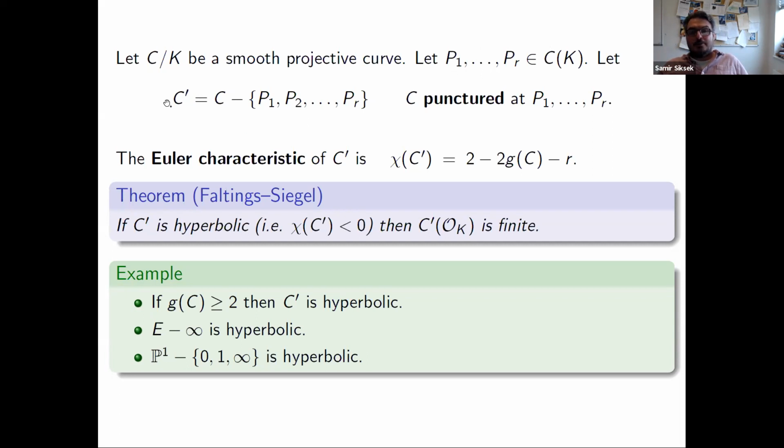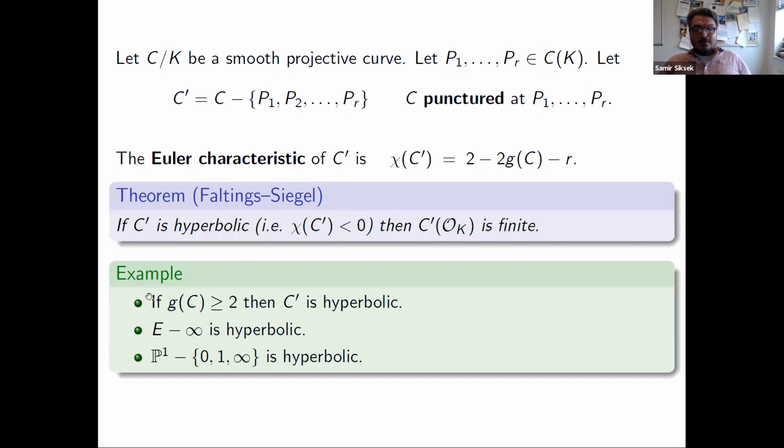You puncture C at these points, so you obtain a curve C dashed, and this has an Euler characteristic, which is 2 minus twice the genus of C minus the number of points that you've removed. C dashed is called hyperbolic if the Euler characteristic is negative. And there's a theorem, the theorem of Faltings-Siegel, that says that the set of integral points, or if you like, the O_S-integral points, is finite.